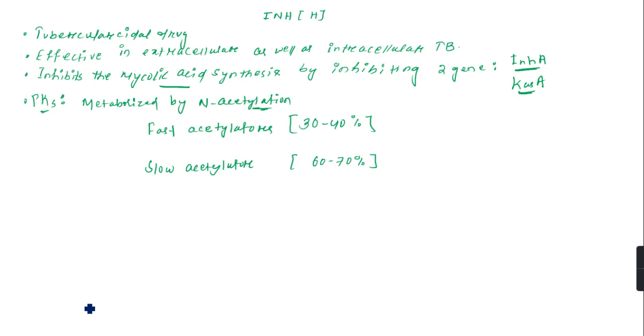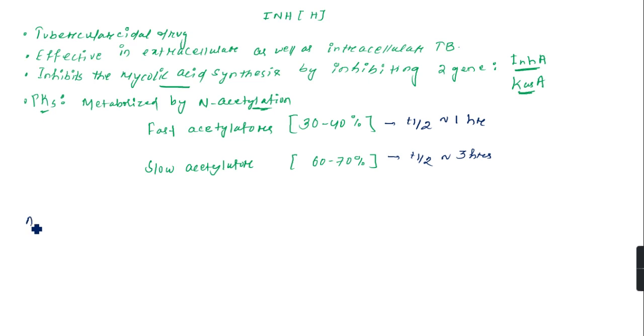In fast acetylators, the half-life of isoniazid is around 1 hour. In slow acetylators, around 3 hours.